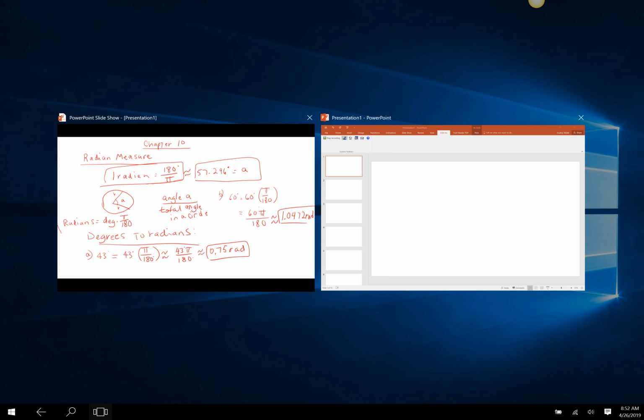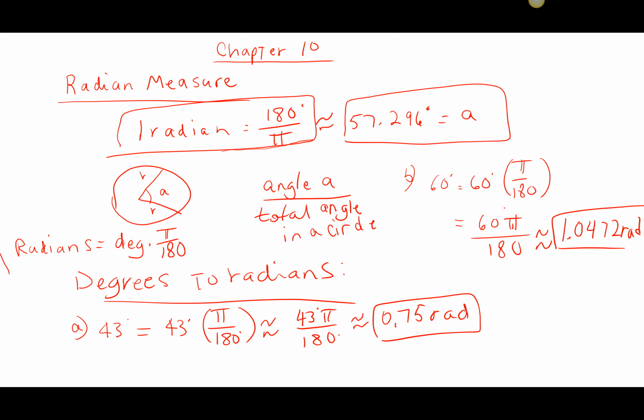So that's the formula to go from degrees to radians. Now, to go from radians to degrees, it's going to be degrees equals radians, and we can just call it rad, times 180 over pi.